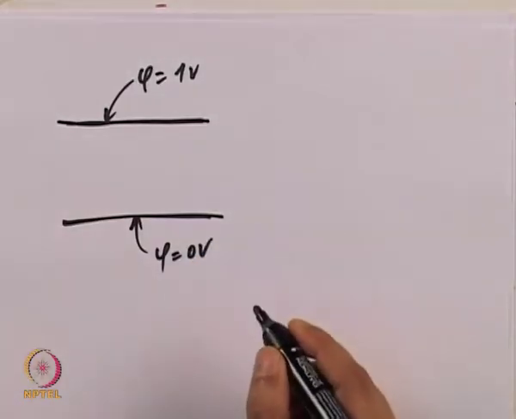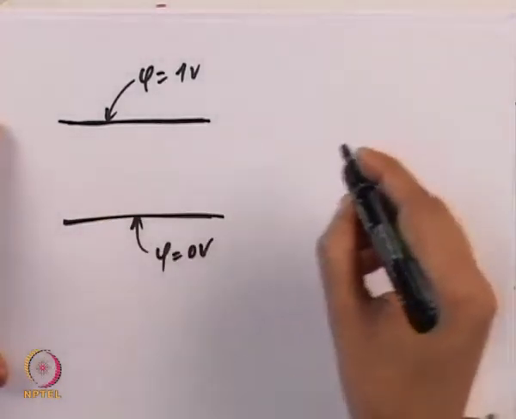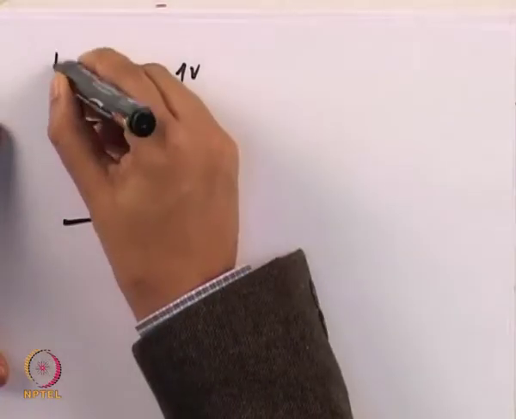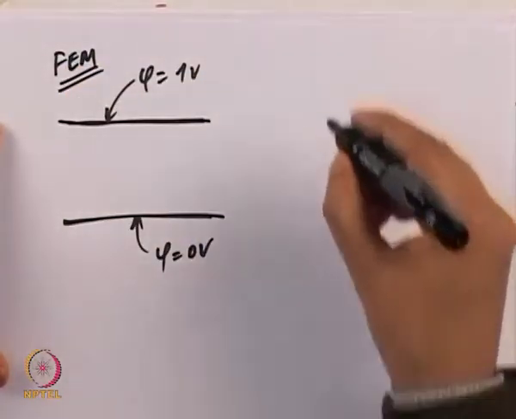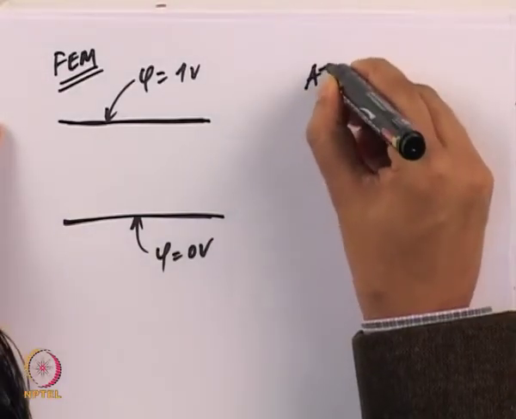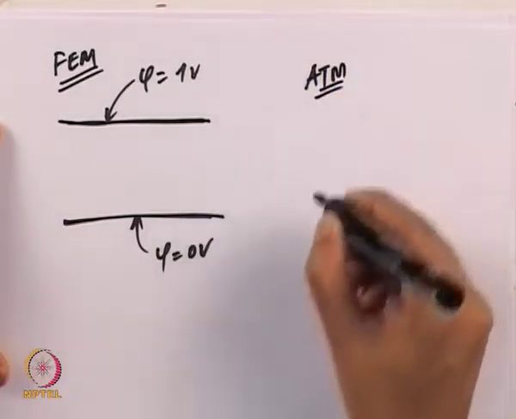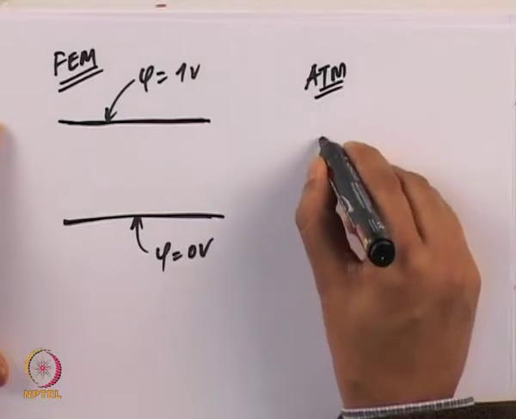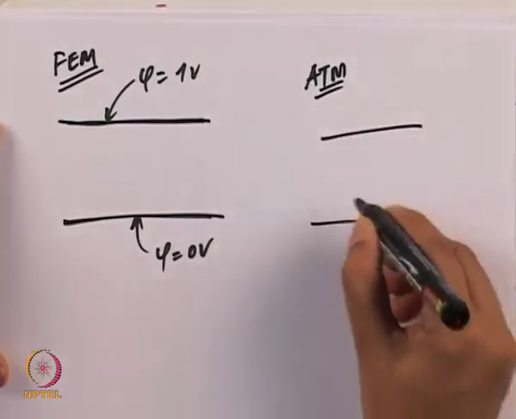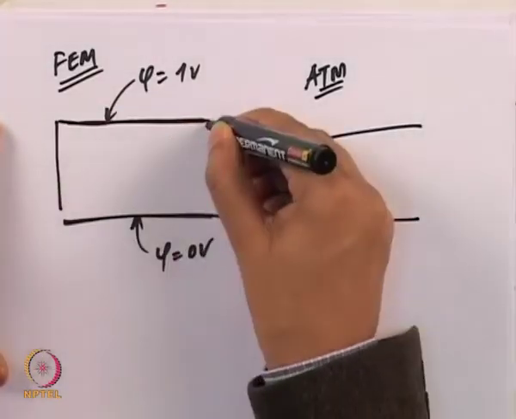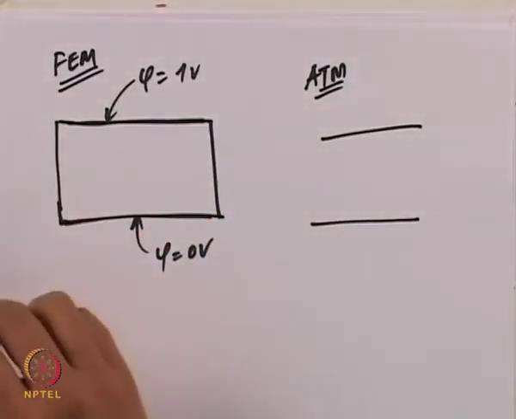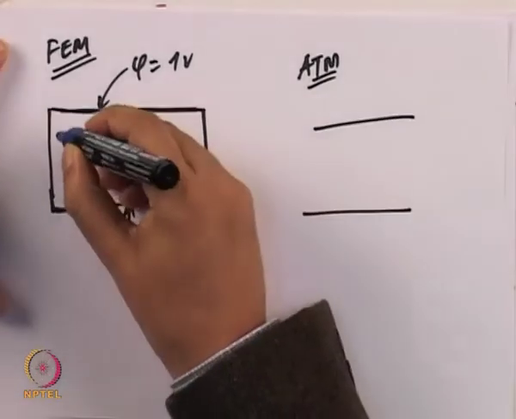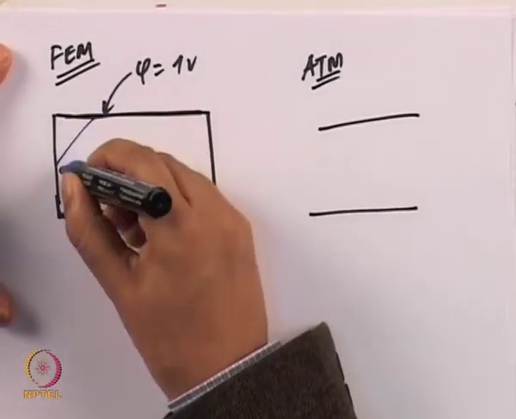So for us to do this problem in the case of algebraic topology, this is the FEM problem that we saw, but in order to do it in the algebraic topological method, we need to go to the third dimension. So the third dimension is, let's say, done in this manner, and we are coarsely discretizing this grid.